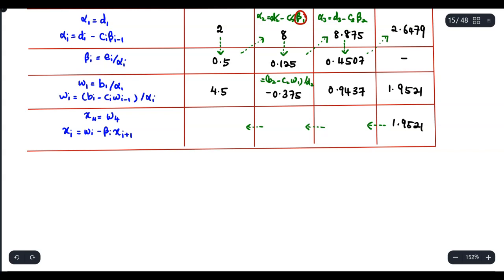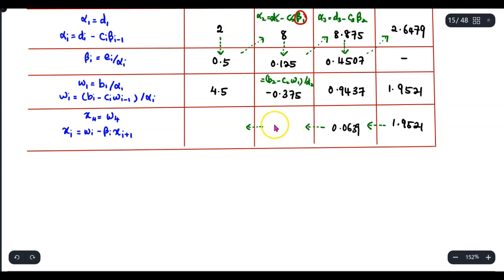So x3 equals w3. So we have w3 here, minus beta 3, so this is beta 3, x4, so this is x4. So plug in. So we have 0.0639 here.